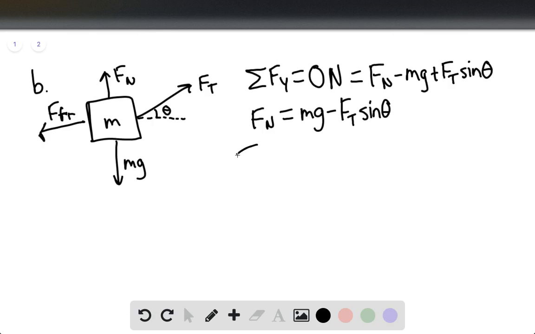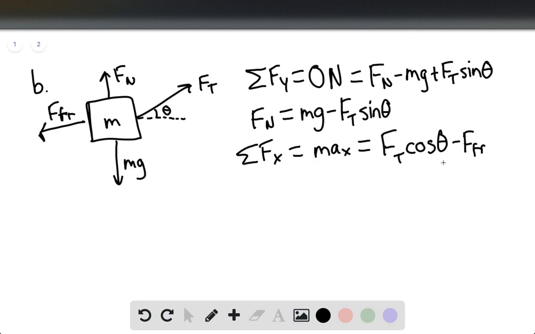And so sigma F in the x direction equals ma in the x direction, and this equals force tension cosine of theta minus force of friction. And we know that the force of friction equals mu k F N, or in this case, mg minus force of tension sine of theta.